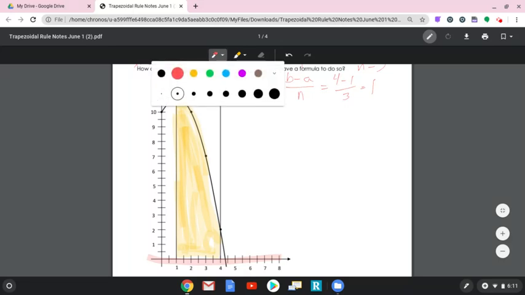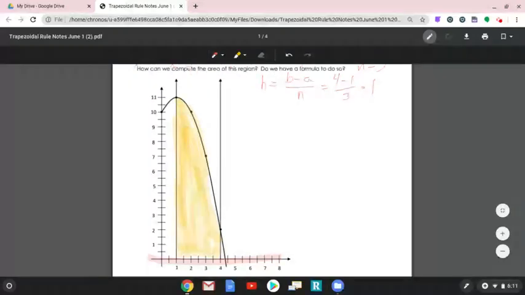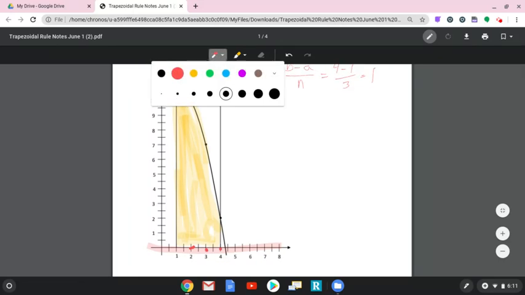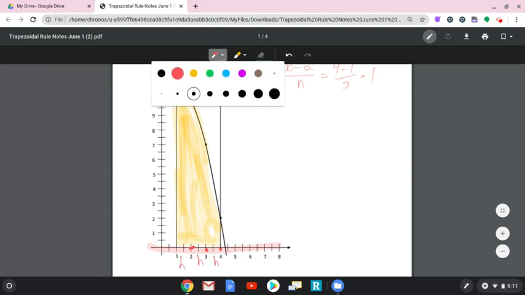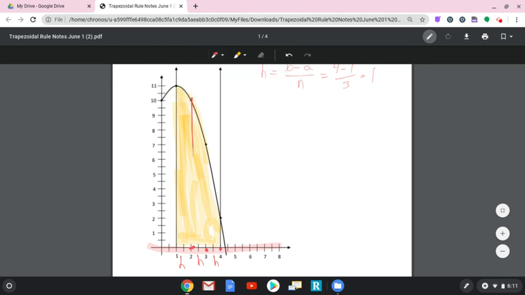So I'm going to go from my starting point A, and make marks 1 unit away up to B. That means all my heights will be consistent for my trapezoids, because when I draw each trapezoid, I'm going to draw a vertical line down. A vertical line down. We're good?